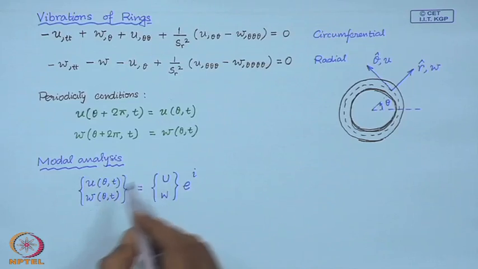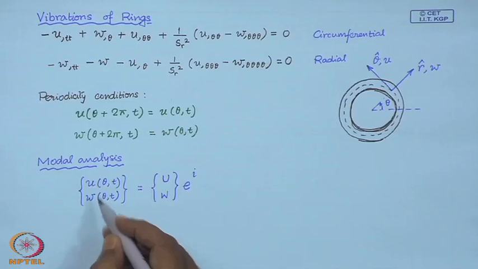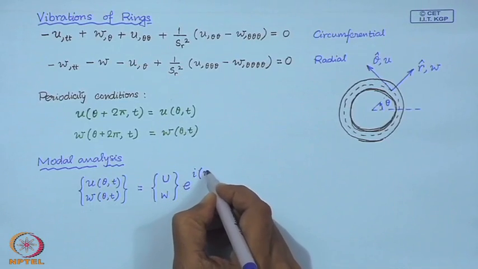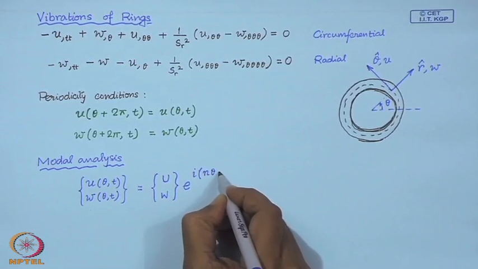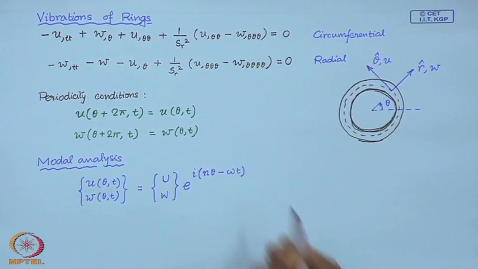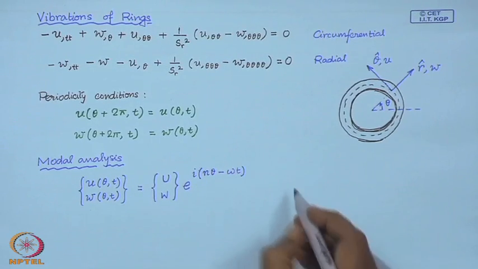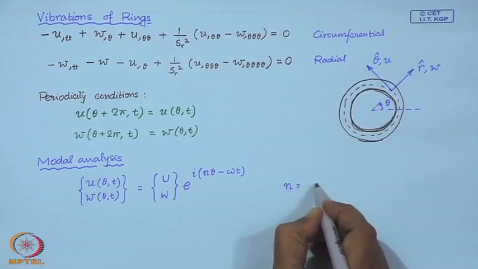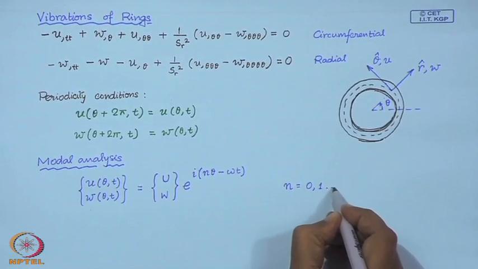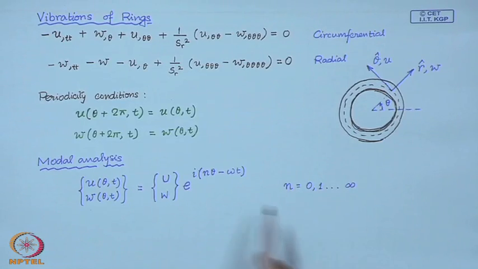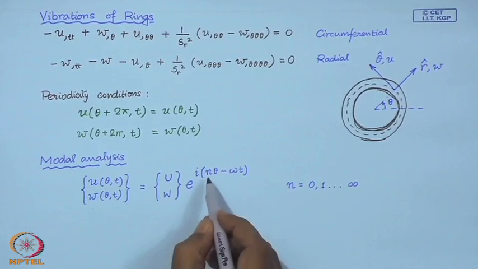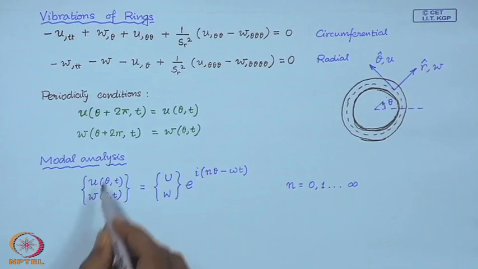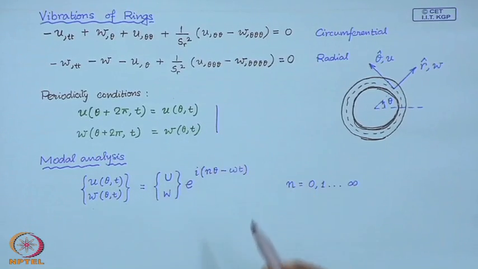Now, you see that this is a function of theta and t. Now, it must be periodic in theta. So, we must have solutions of the form like this, where n can take values 0, 1, 2, etc. So, this is to enforce the periodicity conditions that we have written here.